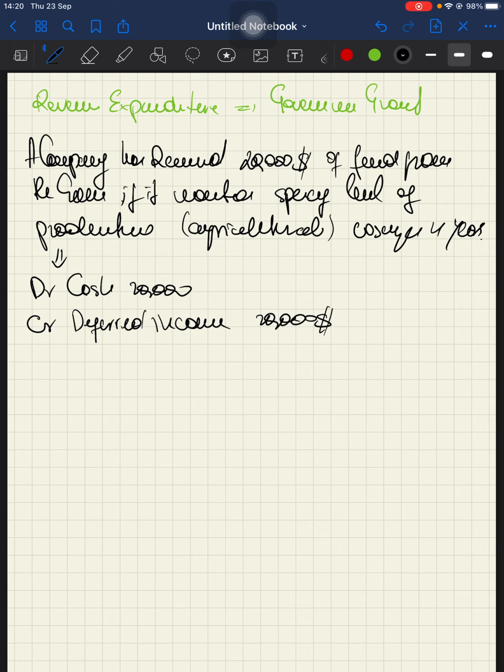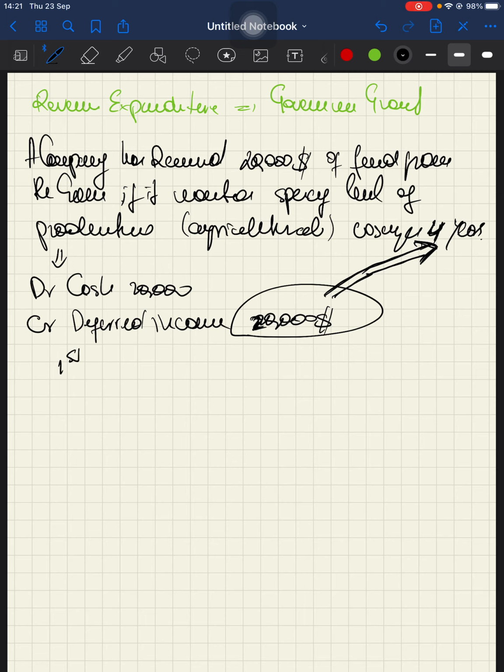So basically this $20,000 is given to us in order to continuously meet a specific level of production for 4 years. If in any of these years we are unable to meet the criteria, then the original amount that we have received will be repaid to the government. So these 20,000 should be split between 4 years.